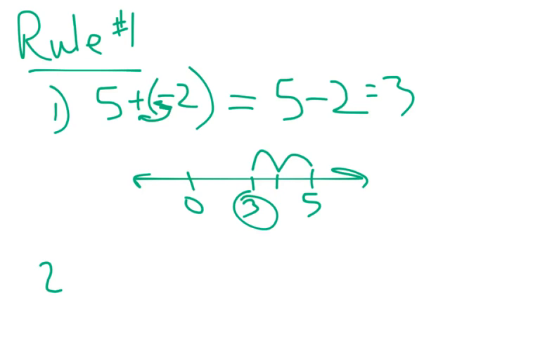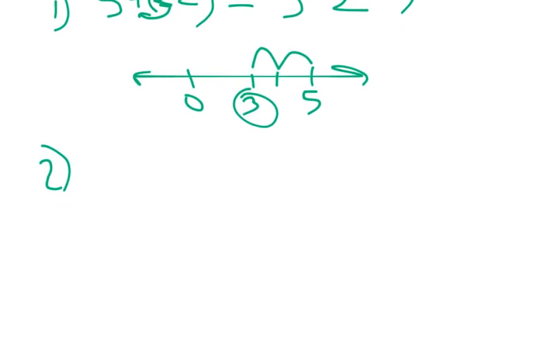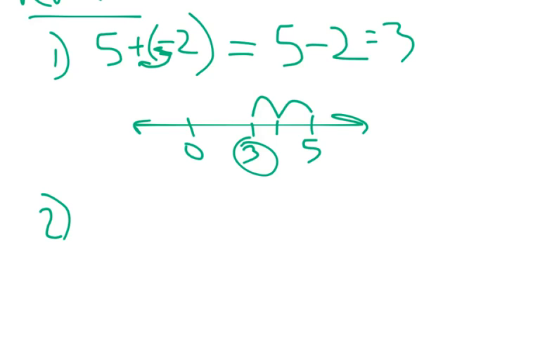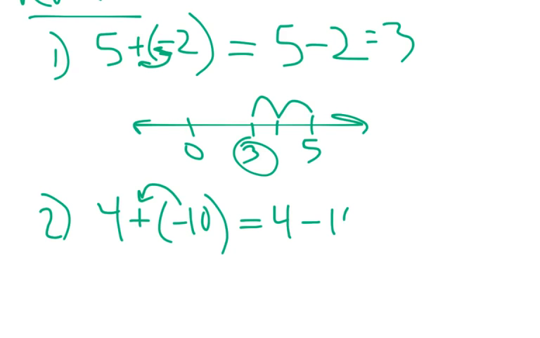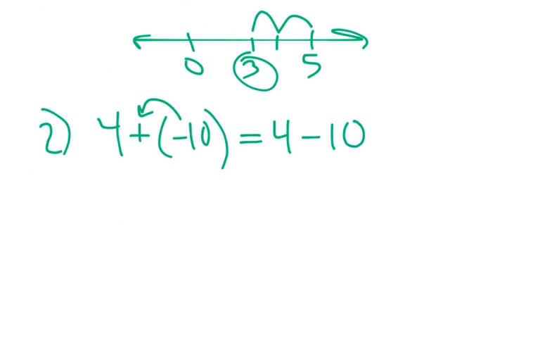Now, let's use a slightly more complicated example. Let's say we had 4 plus negative 10. Again, the minus sign is going to beat the plus sign, and so this becomes 4 minus 10. Here's where some students might get distracted or confused. On a number line, it's all about counting out spots.